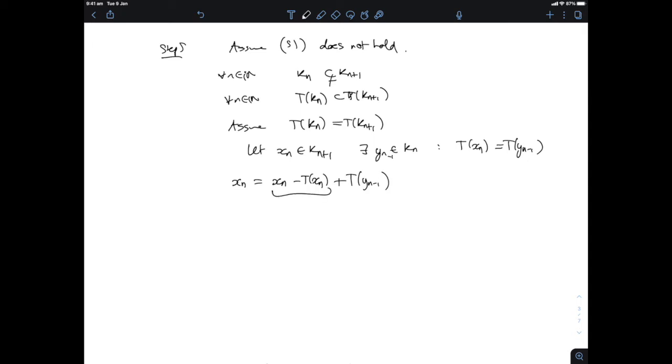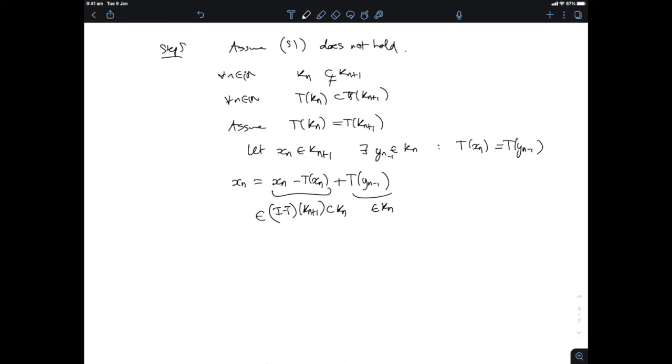Now this first term is of the form (I minus T) times xn, which is something in Kn+1, and that belongs to Kn. Right? And now here I have something that is in T of Kn, and therefore it also belongs to Kn.